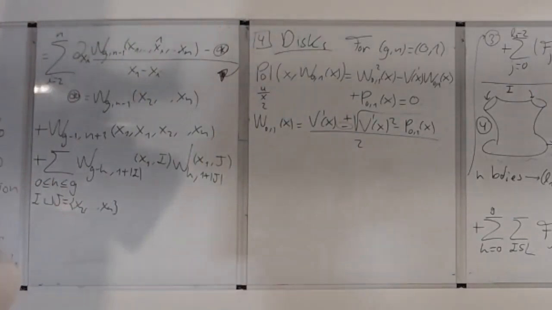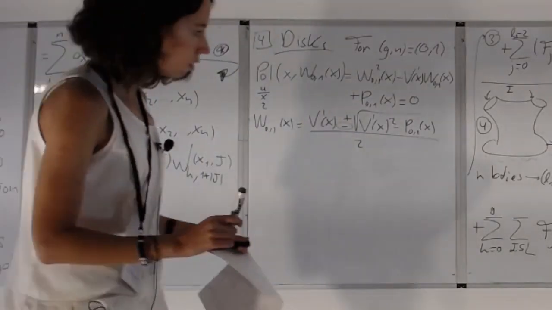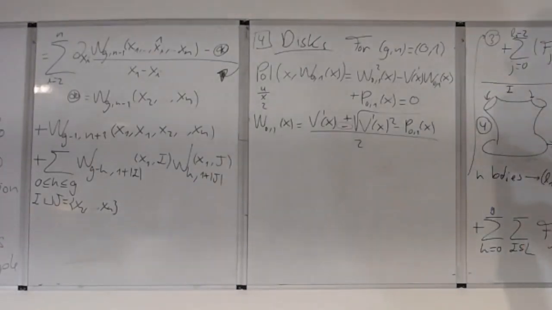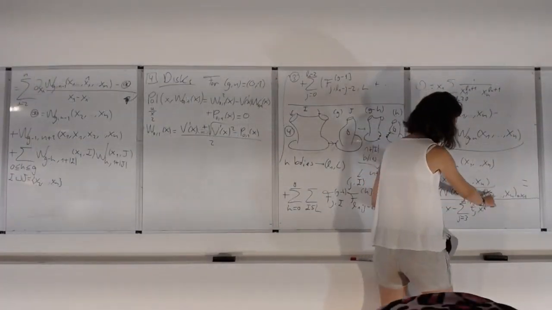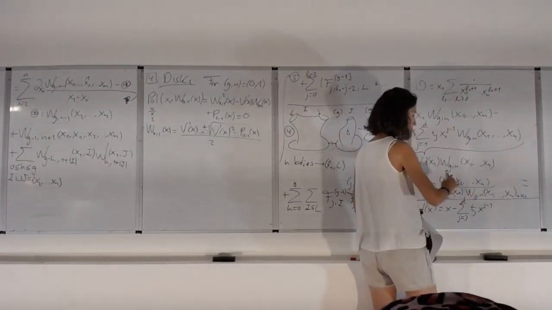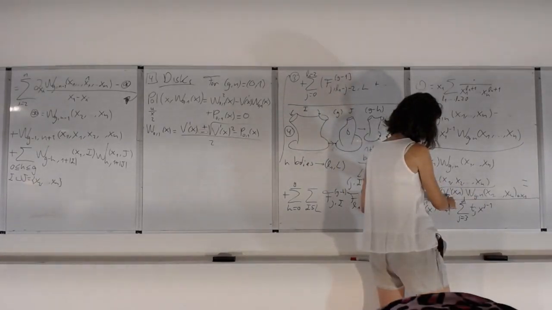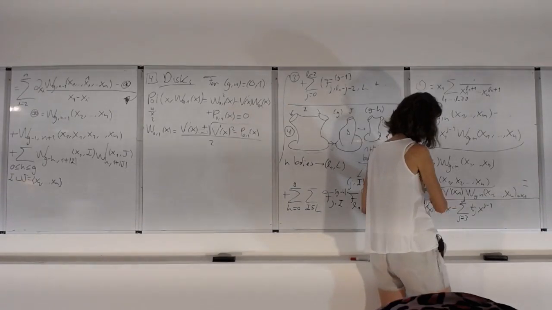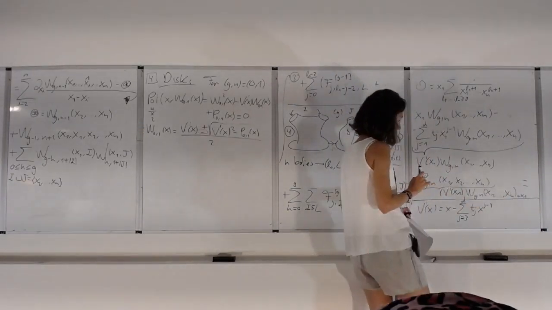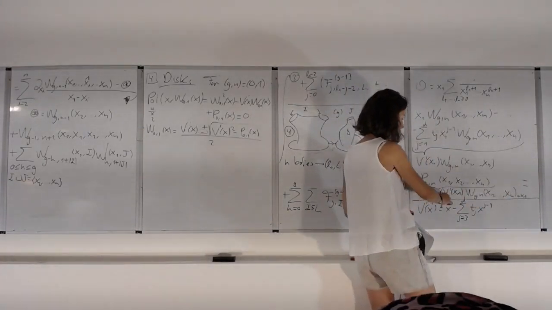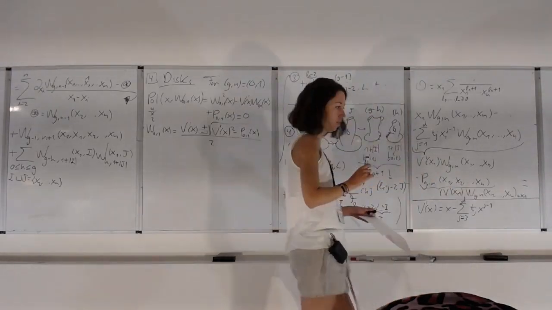Maybe it was not super clear from what I said, but if you see the definition of P, P01 is this guy over here. This one starts with u over x. So the whole thing will have degree at most the degree of this guy minus 1.